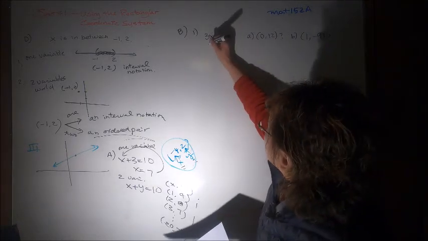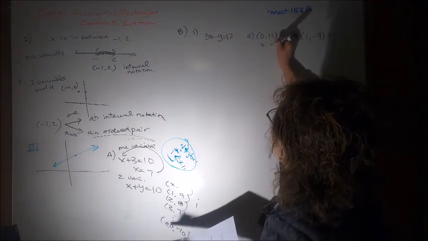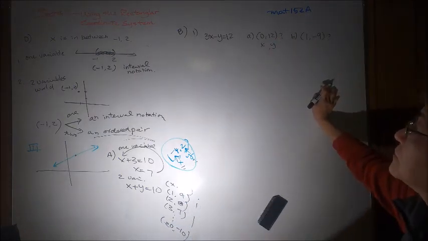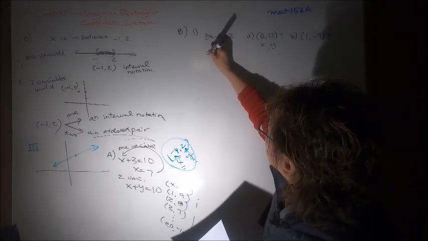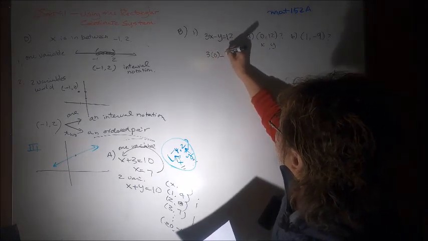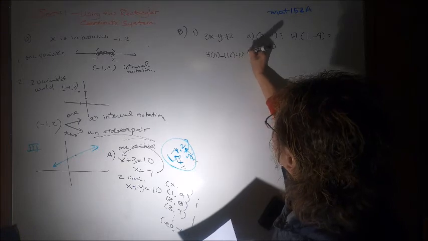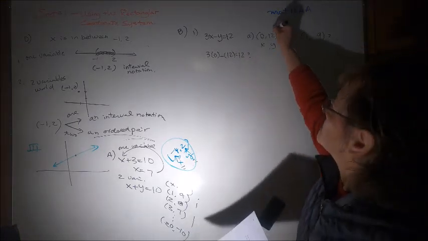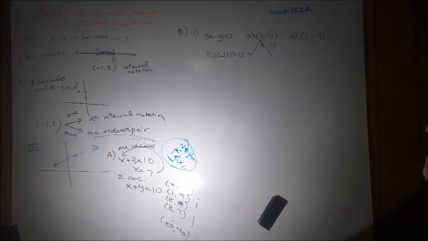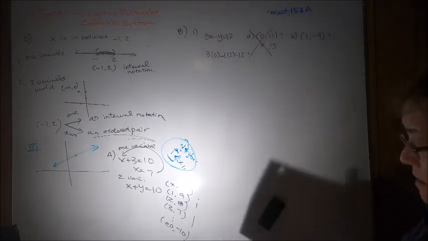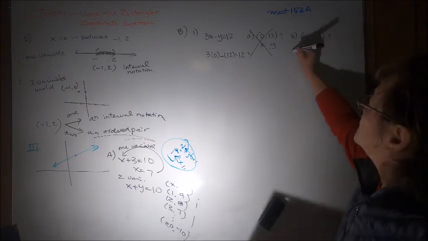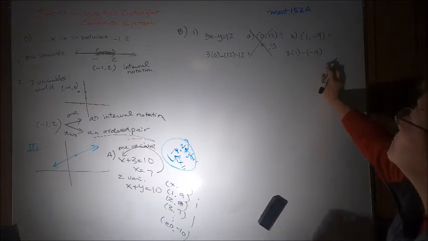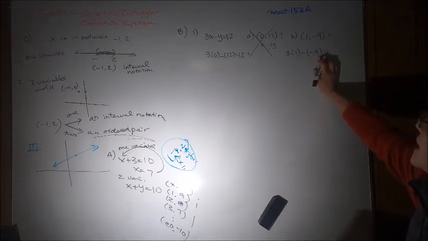So you follow the order, x and y. x is 0, so you do 3 times 0 minus y, is it 12? 0 minus 12 is negative 12. So it will not work, right? How about this one, 1 and negative 9? You plug in 3 times 1 minus y, and y is negative 9, right?